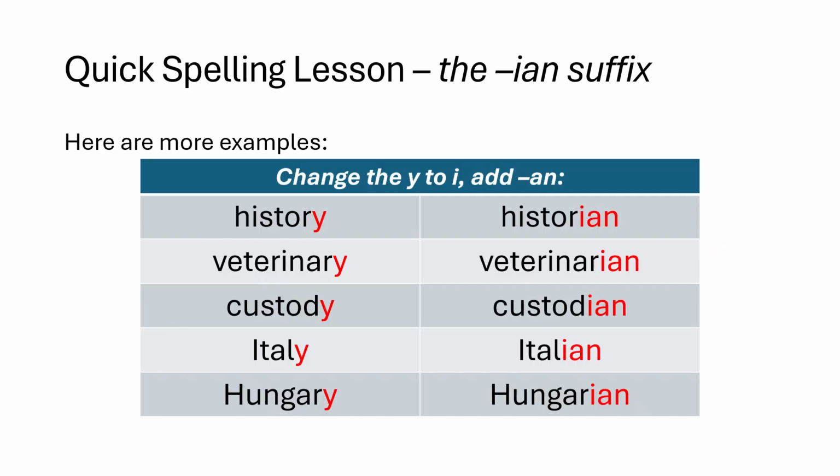Here are more examples. When a word ends in a consonant plus Y, change the Y to I and add AN. I will read these words. I will pause. When I pause, you say the words.